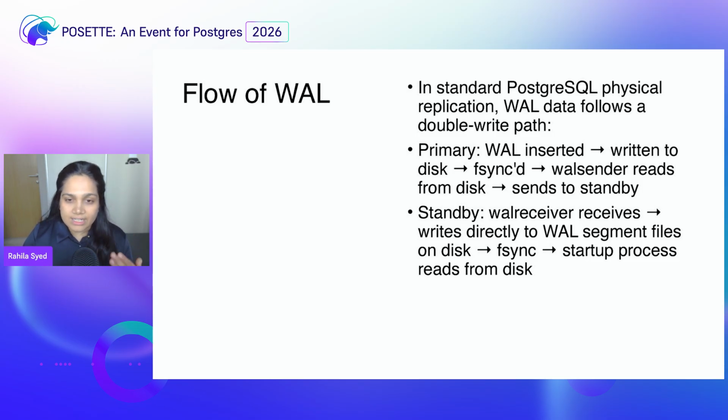After getting flushed to disk, there is a startup process on the standby which reads these WAL records from the WAL files and applies them to the database. So, as you can see, from the time the data is written on the primary to the time the data is available on the standby, there is a bunch of round trips to disk that happens both on primary as well as standby.